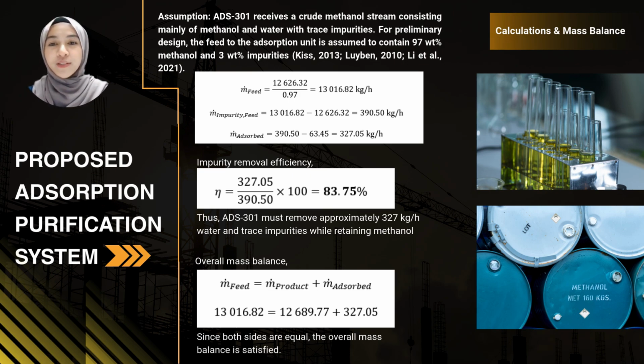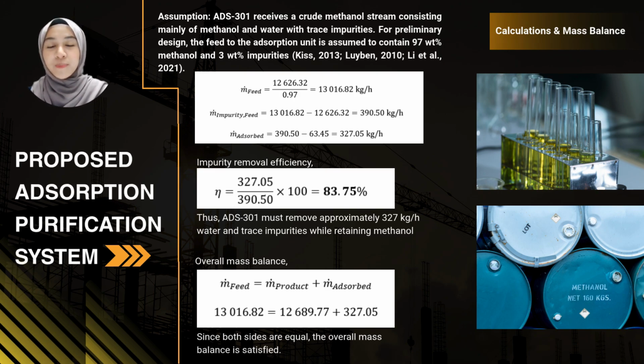For this preliminary design, we assume that the feed entering the adsorption column consists of 97 weight percent methanol and 3 weight percent residual water and trace impurities, based on published literature.